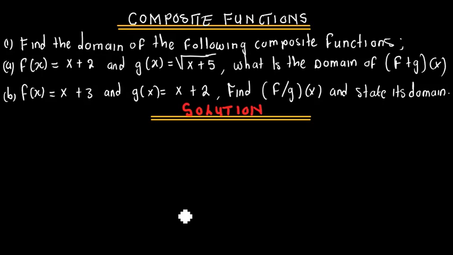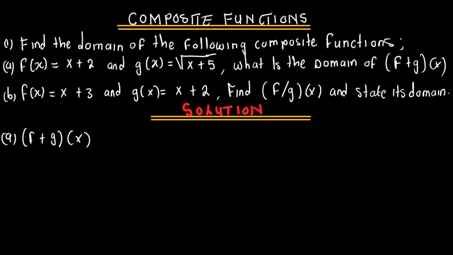So in this particular question, the first question is simply saying, find the domain of the following composite functions. Let's start with the first one. So for A, we have been taught that we find the domain of some function f plus some g being evaluated at some point x.